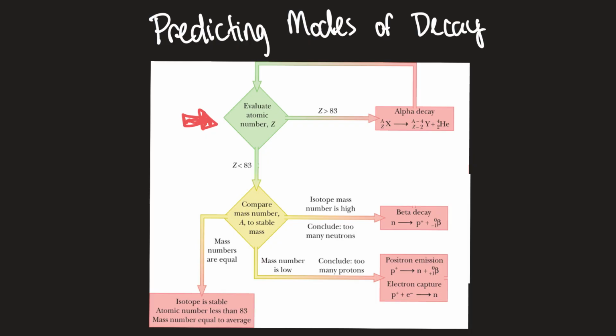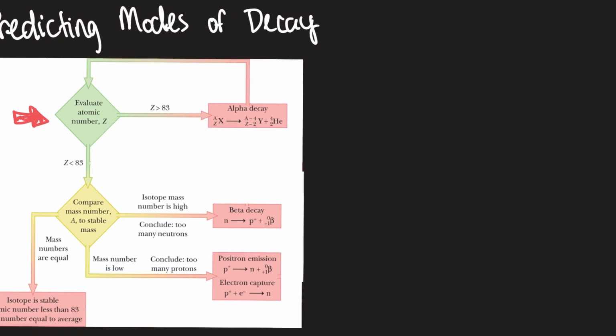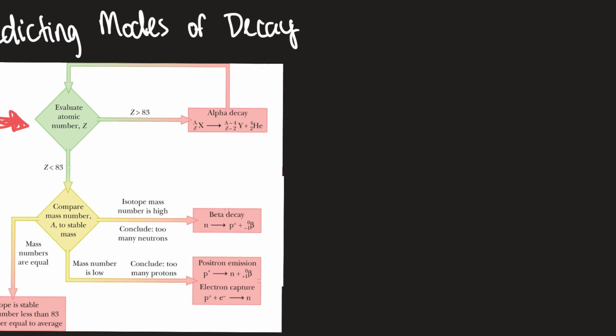For example, let's say we're looking at thorium-234, atomic number 90. Simply because its atomic number is greater than 83, it's going to go through alpha decay automatically. If you were to write out this nuclear reaction, it's going to emit an alpha particle, or helium, really.